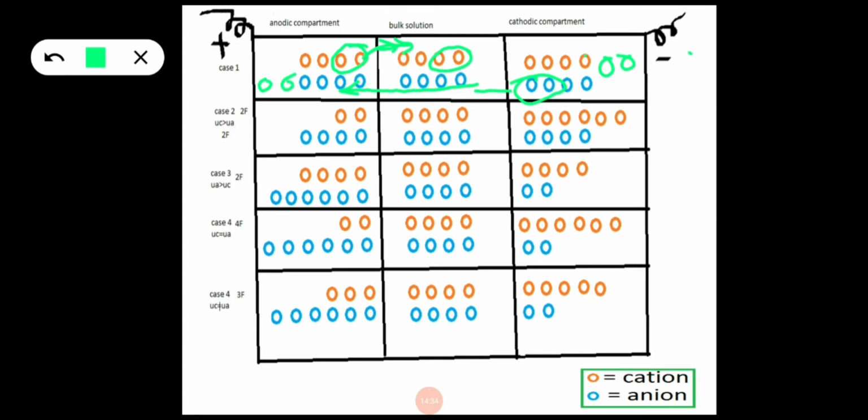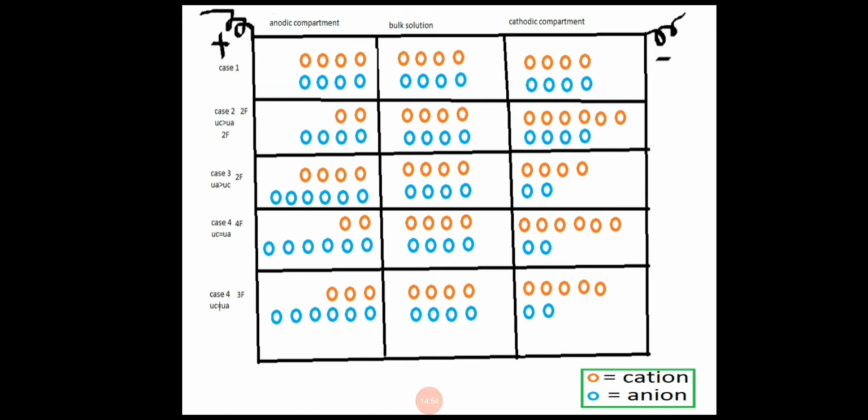In this way the electrolysis process takes place. Once cations have come here, they get deposited on the cathode, and anions, having a negative charge, are attracted to the positive electrode and get deposited on it.